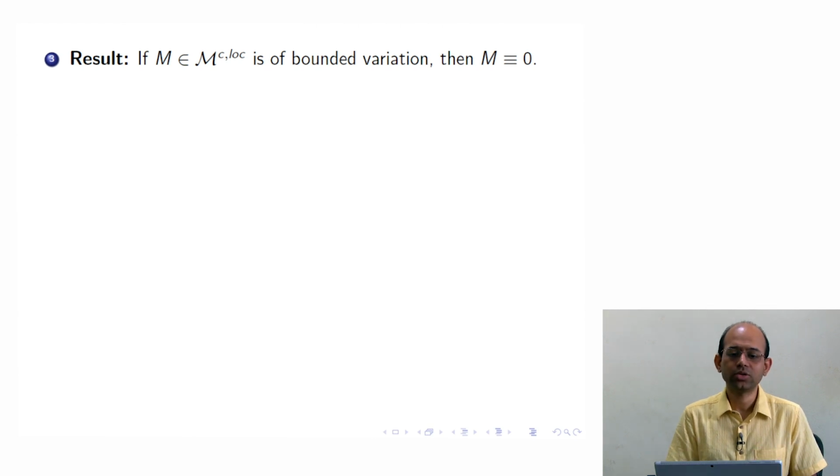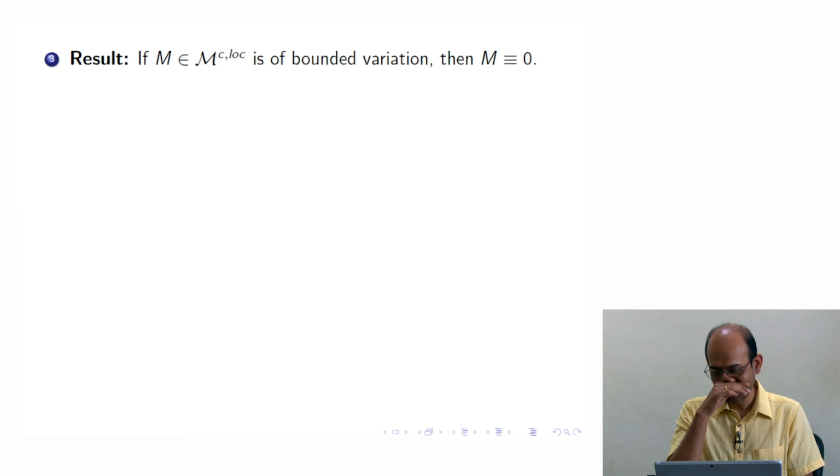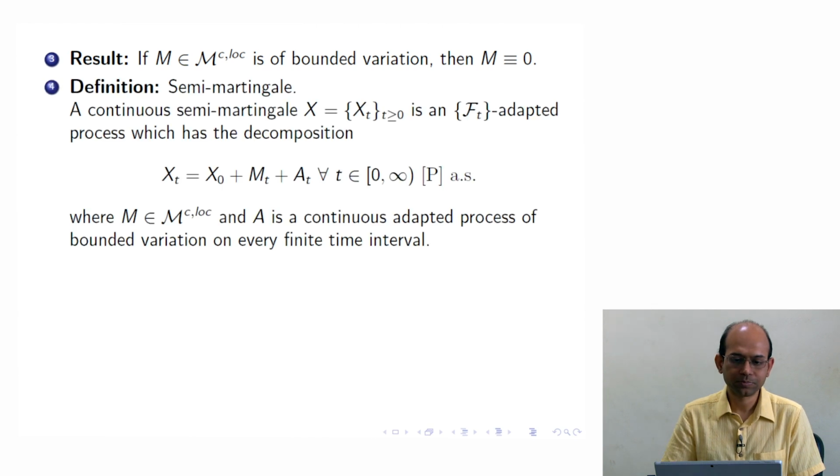This is also an extension of the result we proved in an earlier class, where M was in M_C^2, square integrable continuous martingales, a special class of this class. For the special class we obtained this result, but the conclusion is also true for the general class: a continuous local martingale of bounded variation is actually a trivial martingale.